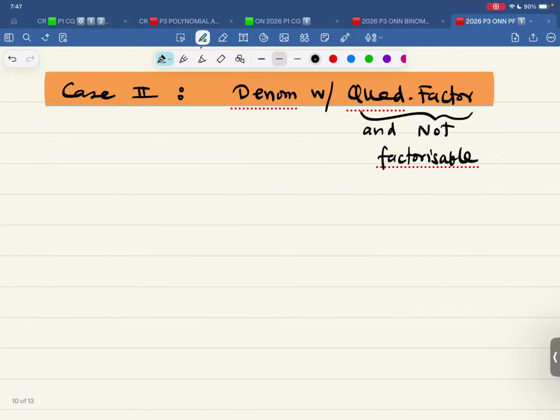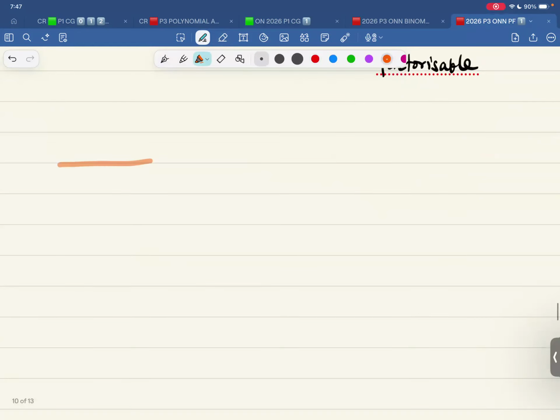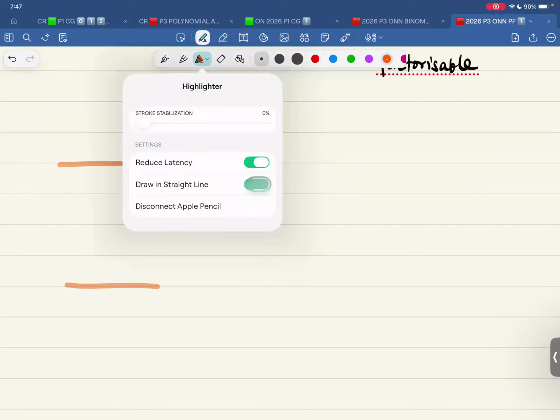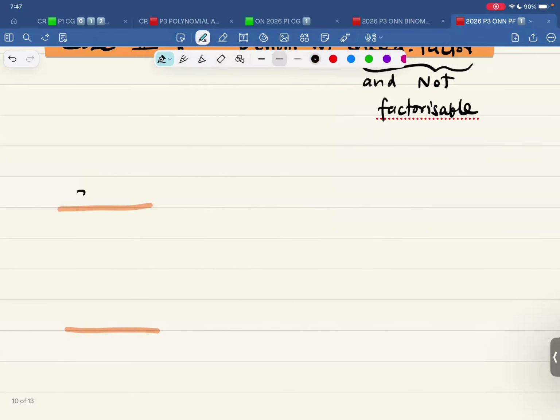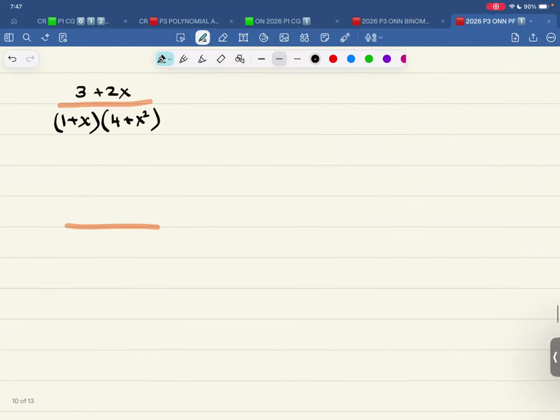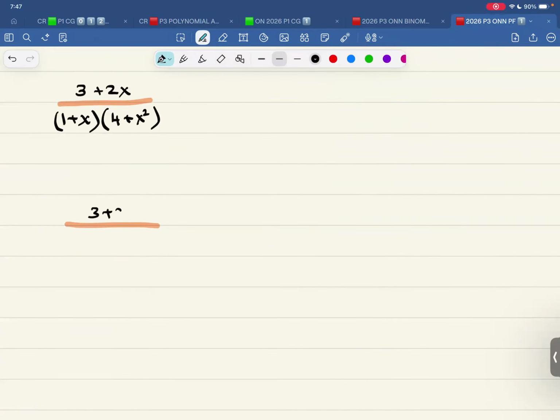For example, if I have a case like this, 3 plus 2x over 1 plus x and 4 plus x square, versus 3 plus 2x over 1 plus x and 4 minus x square.